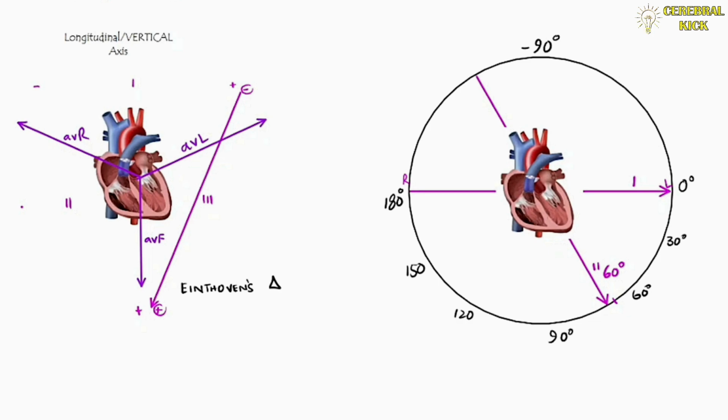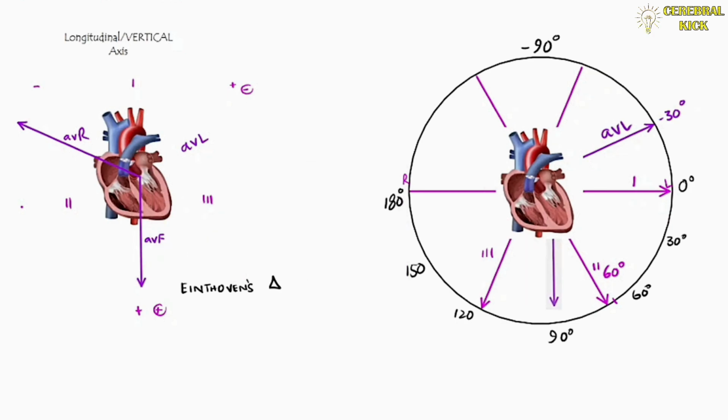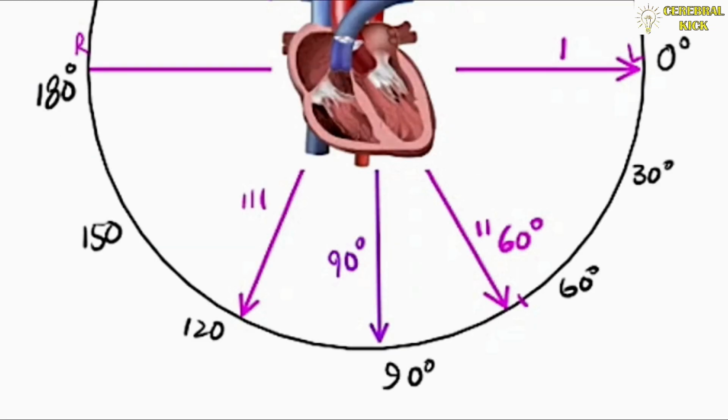Moving lead 3 now within the circle, and let's just get the augmented leads now. The AVL at minus 30 degrees, the AVF at 90 degrees, and the AVR at minus 50 degrees. Now, if you see it clearly, I said that the augmented leads are average of two limb leads.